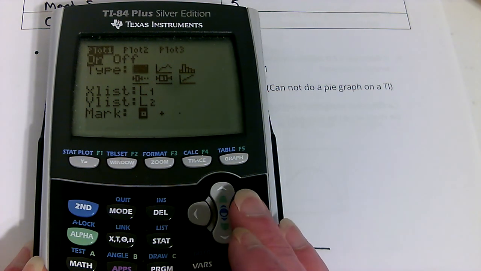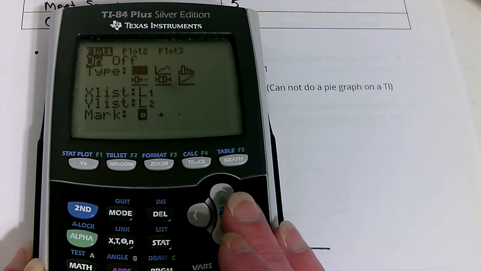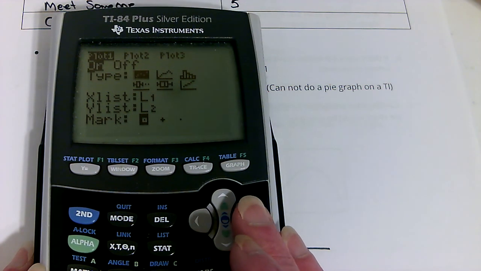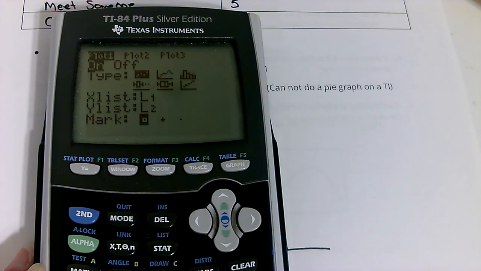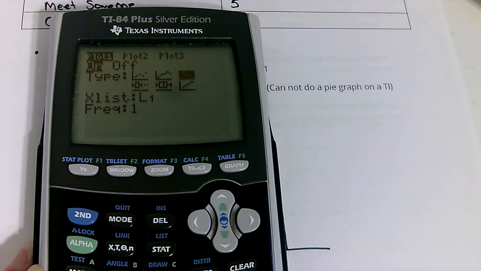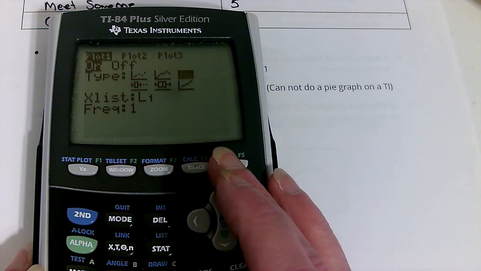Now it tells me I need to pick a type. The first type is a whole bunch of little dots. That's a scatter plot. This is a connected dot. This looks like a bar graph, and it is. And now I'm going to go to my graph.